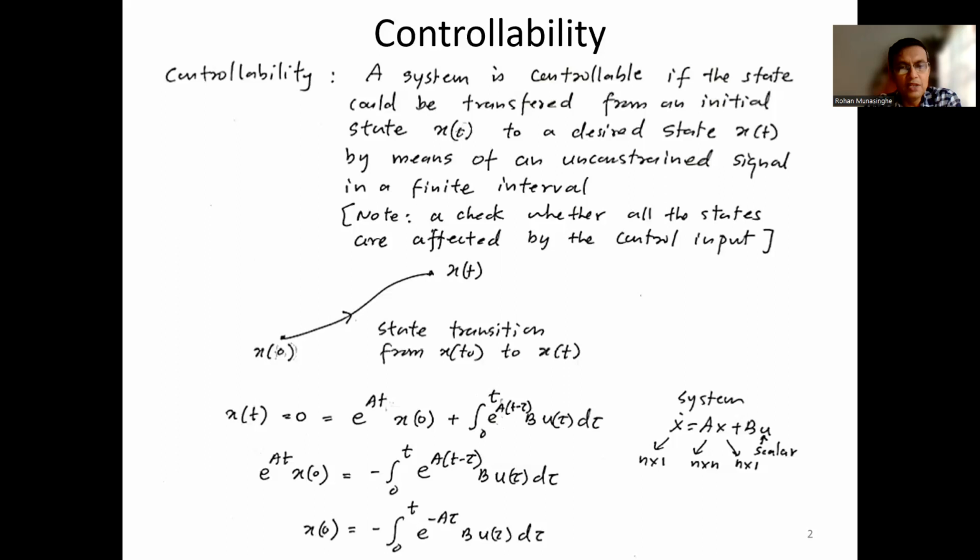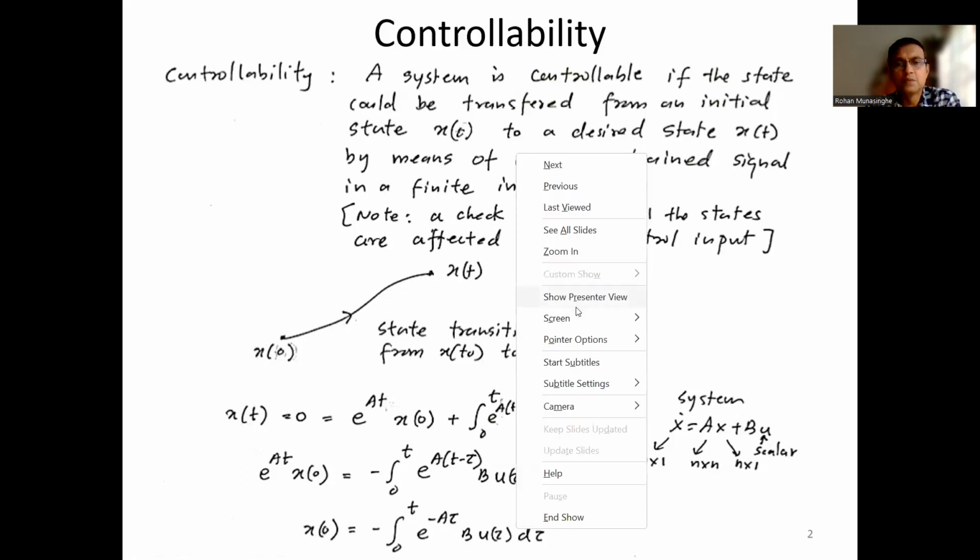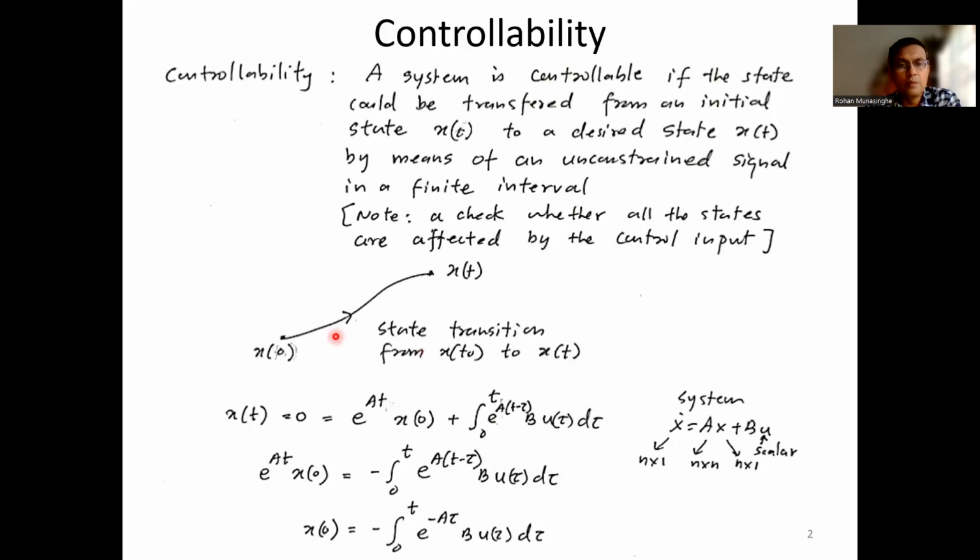So the plant is moving from x0 to xt under the influence of some control signal, and we want to find out whether this control signal is actually related to all of the state variables. So let's see how we can do that.